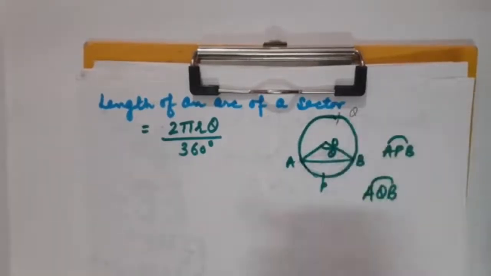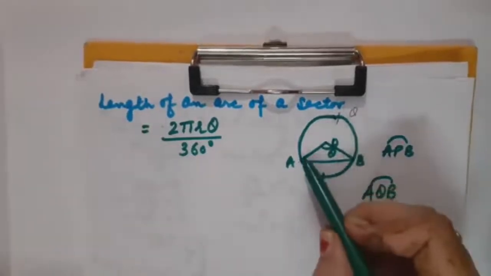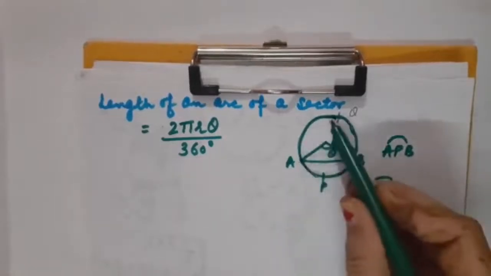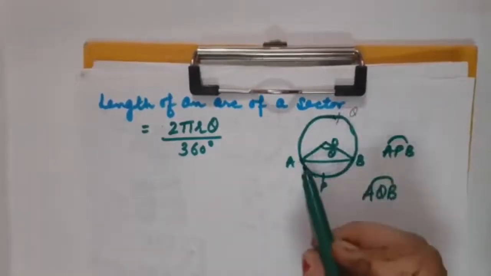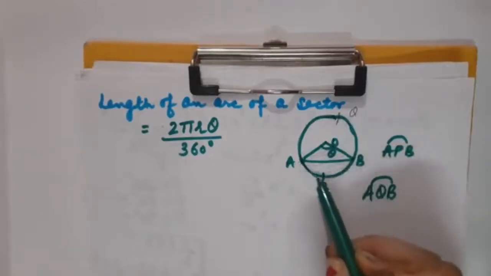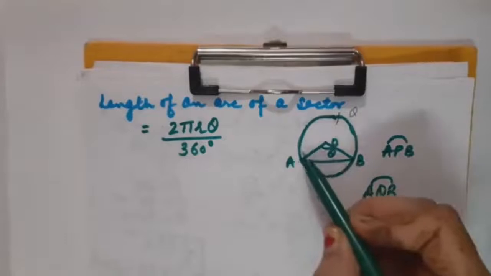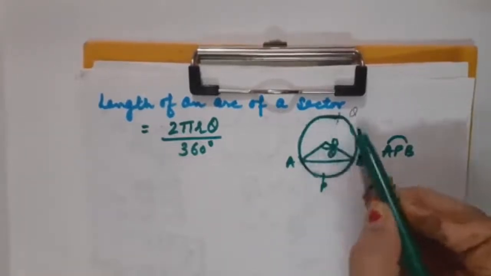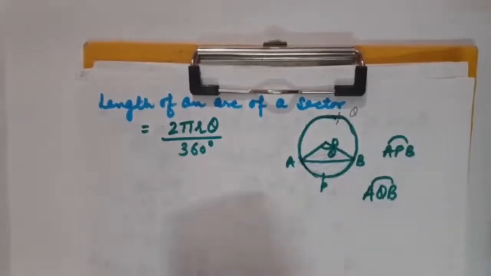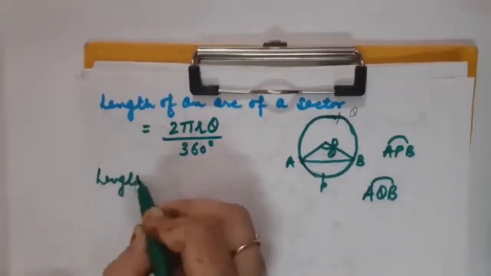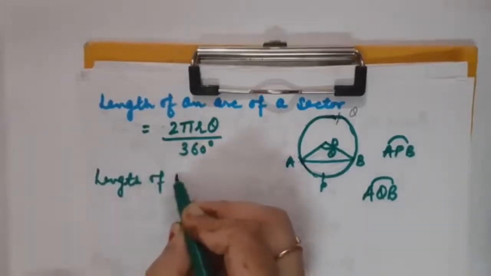Correct? So how can I calculate it? Use your mind. You want this length now. If I take the complete circumference of the circle, that is 2 pi r, and subtract the length of the arc of the minor sector from it, then I will be able to calculate the length of the arc of the major sector. Yes or no? So what will be the formula in that case? Length of arc.